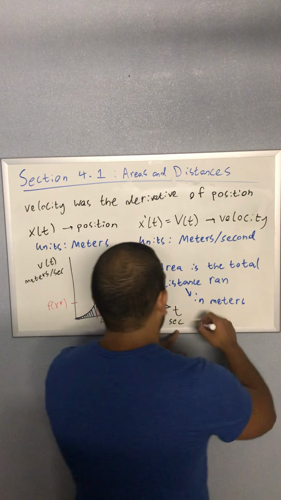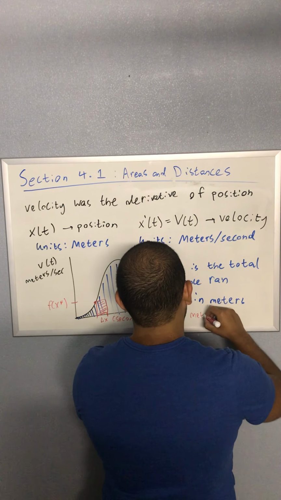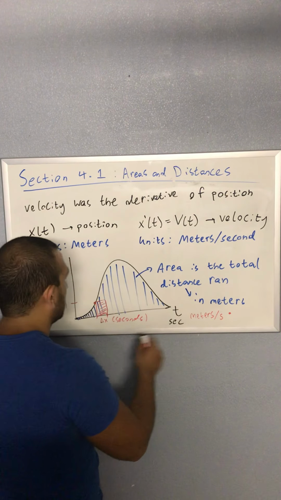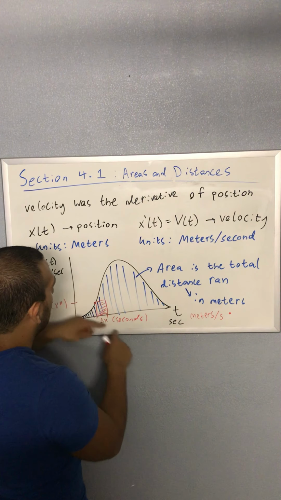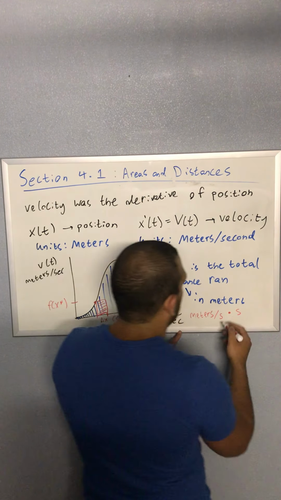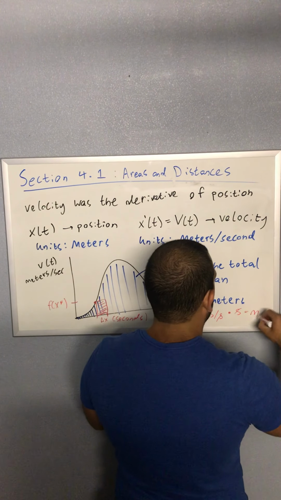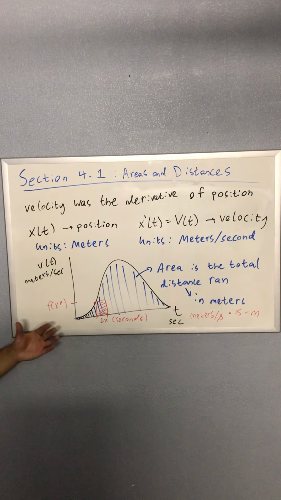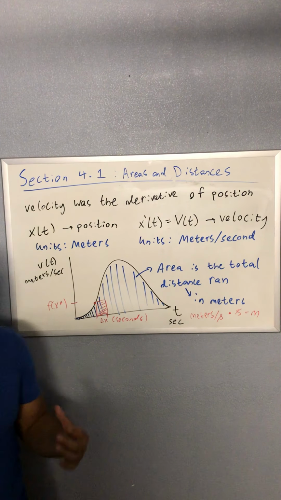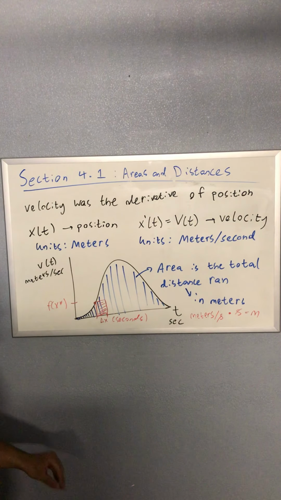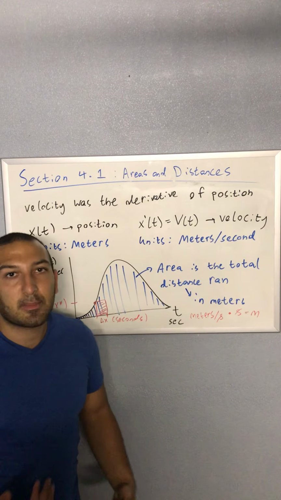You're taking meters per second, that's the output, the height, and you're multiplying it by the base, seconds. Well, the seconds just cancel out and you get meters. Just m, because I'm out of space, sorry. So notice that's another reason why it's undoing it. It's because of this whole rectangle procedure.